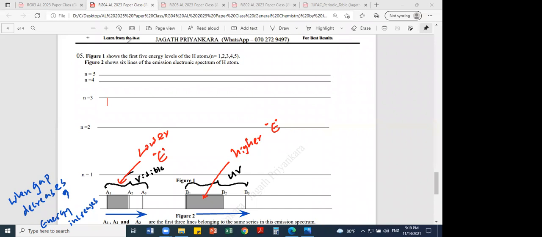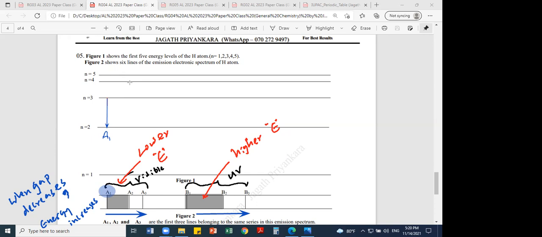Okay, right. So I'll draw A1, 3 to 2. I'll write and highlight here: A1, 3 to 2. So I'll label this, then this is for A1. Then next one, Balmer, so falling of electron from high level to the next second level.